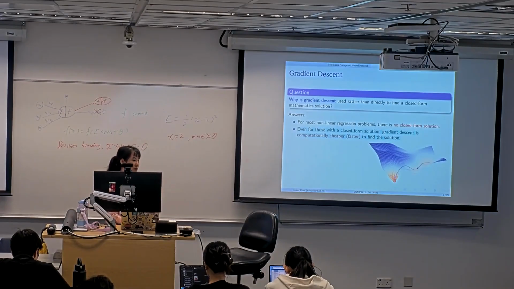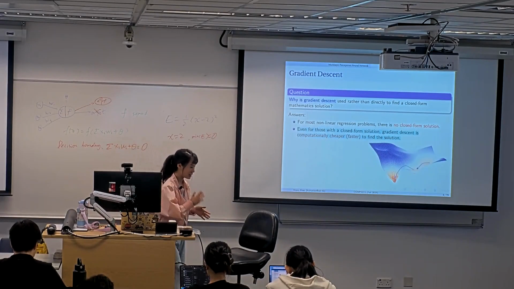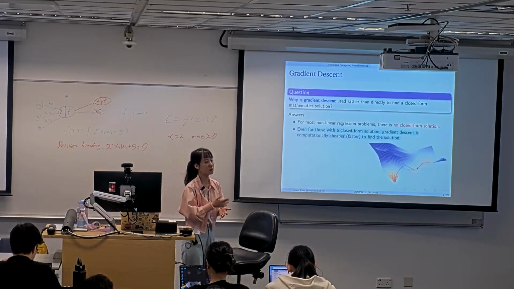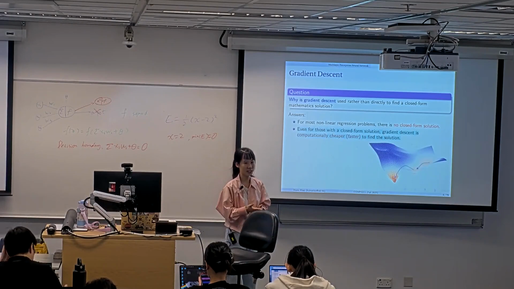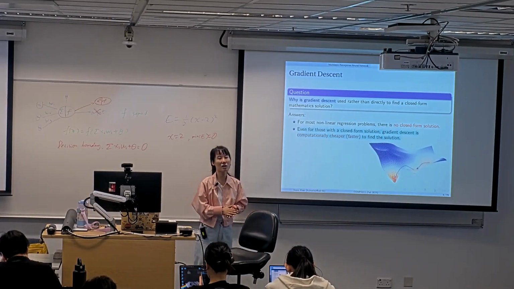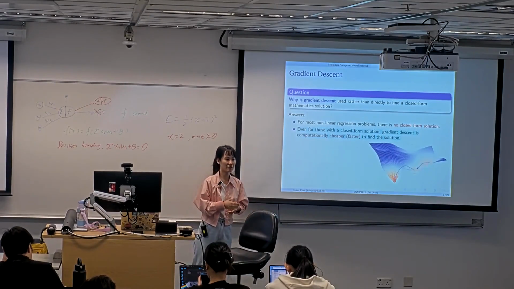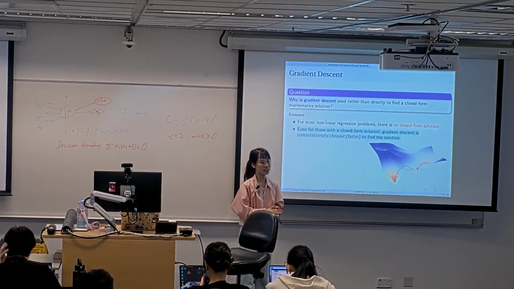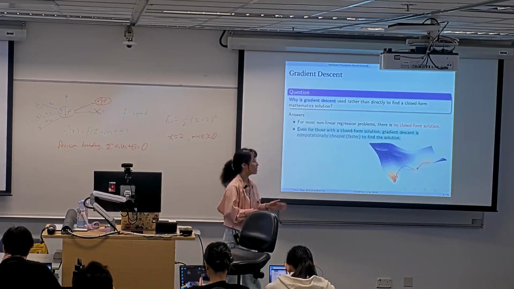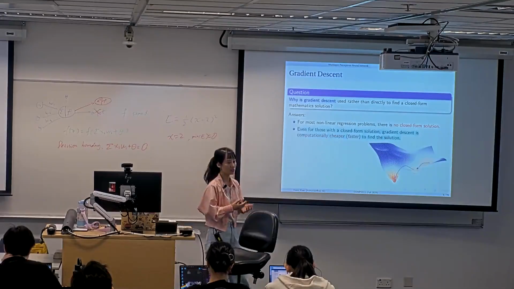Because for these complicated error functions, to get the closed form solution using some optimization algorithm, if you want to implement it, for example, using C++ or Python, it's very, very time consuming. It involves many matrix operations, and the matrix operations to solve an optimization problem are very time consuming.